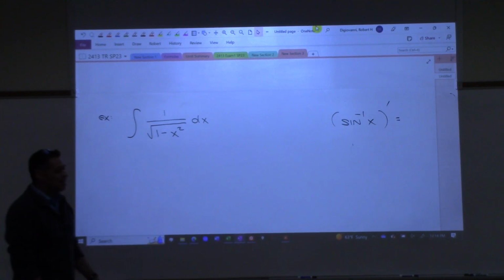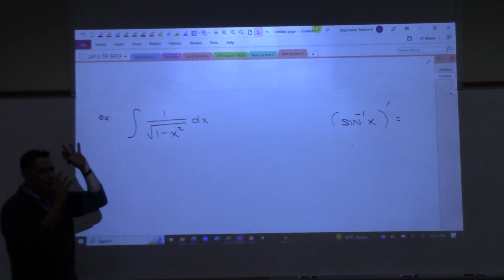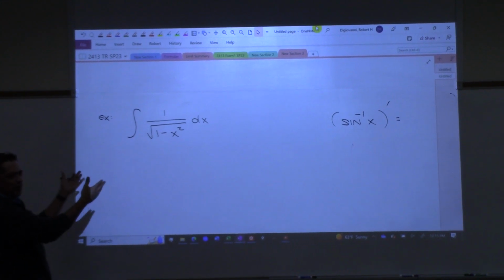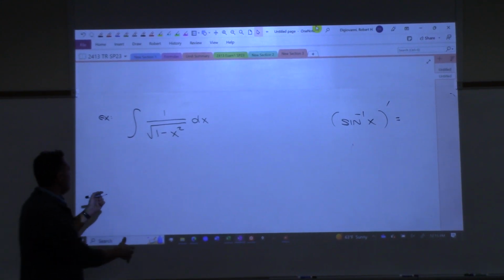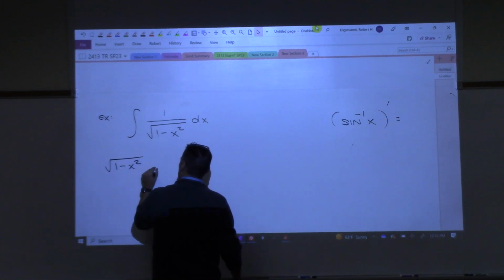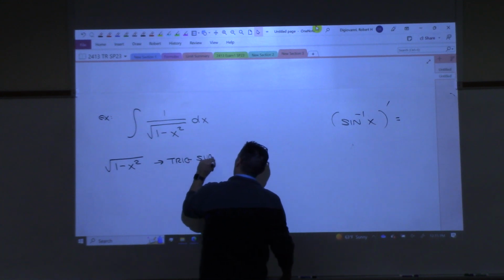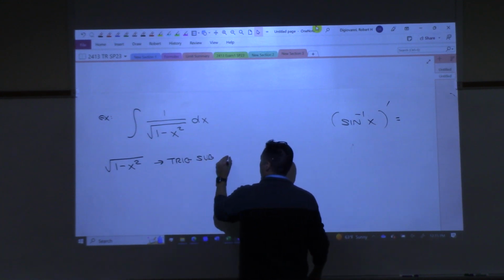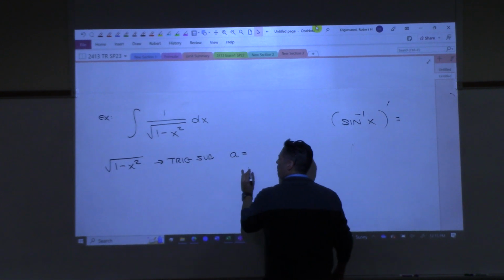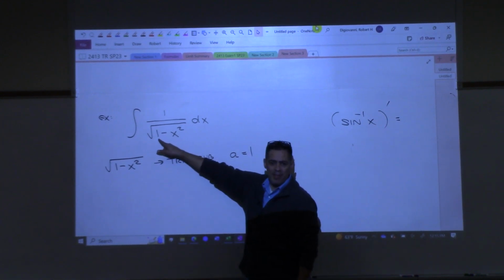So the only thing really left is the trig sub. It should be glaring that I have the square root of 1 minus x squared there. So I'm going to do trig sub. In this case, a is 1, since this number right here is a squared.